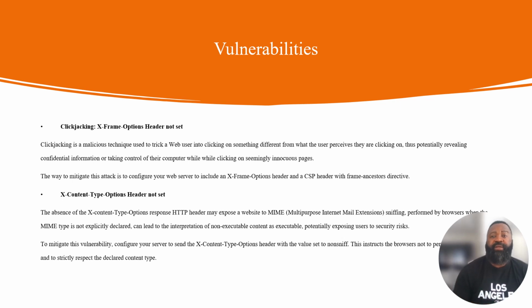It might expose a website to MIME sniffing performed by browsers when the MIME type is not explicitly declared. This can lead to the interpretation of non-executable content as executable, potentially exposing users to security risk. To mitigate this vulnerability, configure your server to send the X-Content-Type-Options header with the value set to nosniff. This instructs the browsers to strictly respect the declared content type.